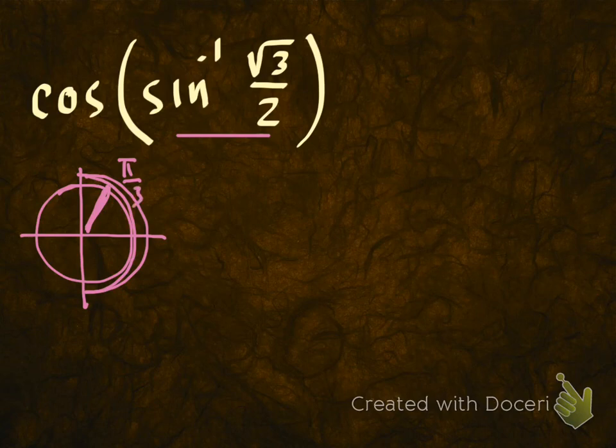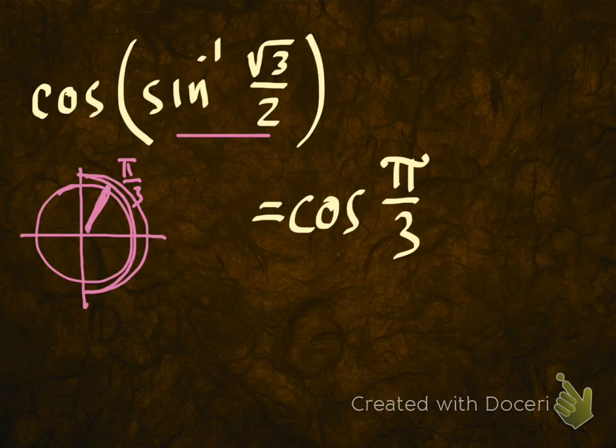So a way to deal with this problem is that we are actually talking about the cosine of pi over 3, because sine inverse of √3/2 equals pi over 3. So this is the cosine of pi over 3, and we know what that is. That equals 1/2.